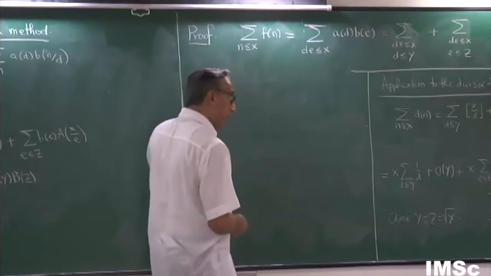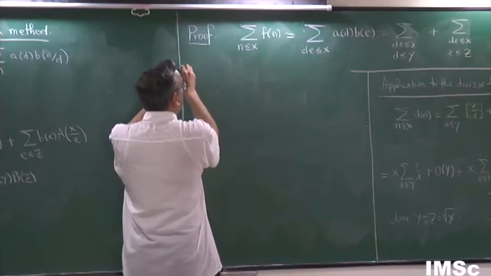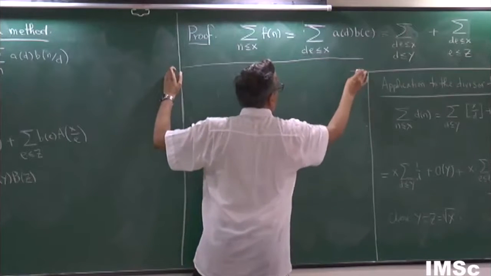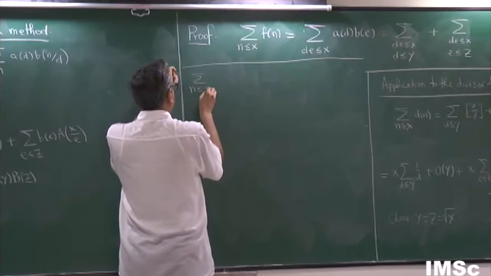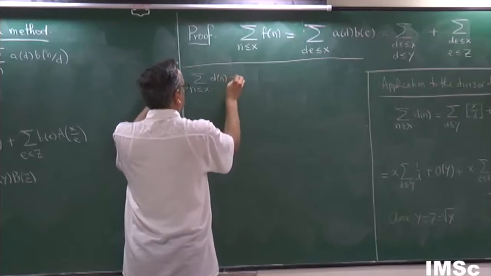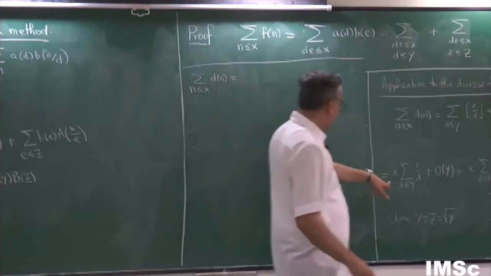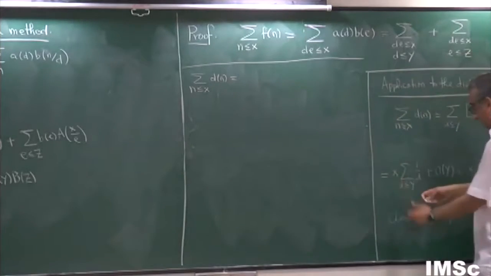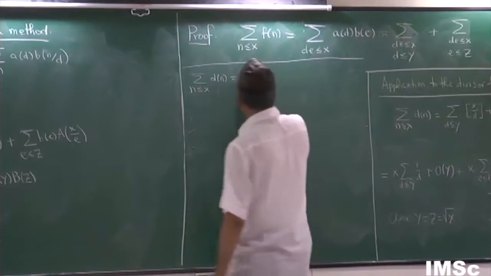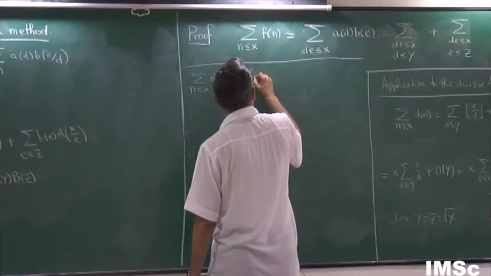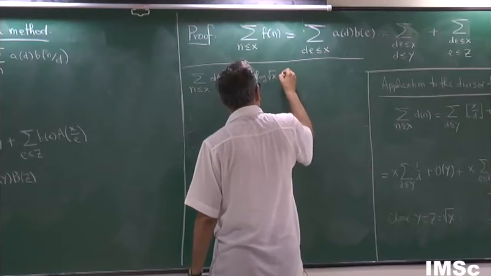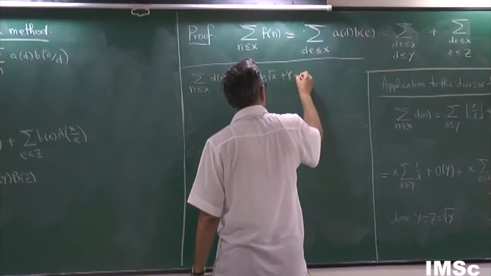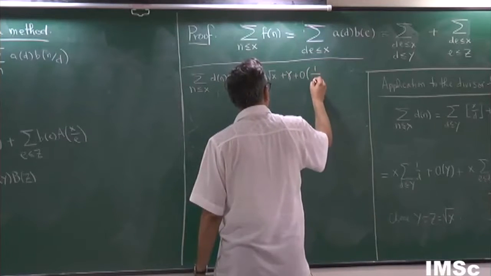So what do you end up getting? You end up getting the summation n less than x of d of n equals, well, this time it's x times log root x plus gamma plus O of 1 over x.